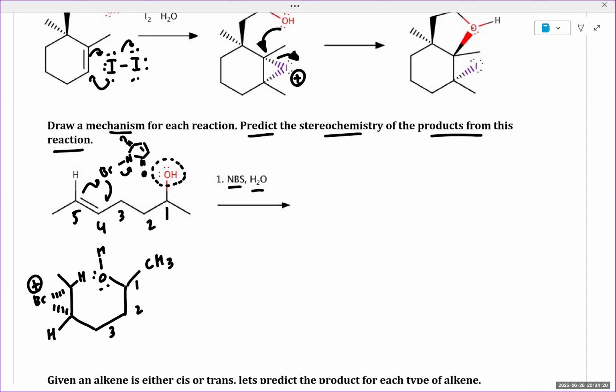From here, the alcohol is going to open up the halonium ion. And in this case, we have a choice between the two positions because they're both secondary. If you have a choice between forming a 5 or 6-membered ring, you'll get a mixture, but generally 5-membered rings are slightly preferred, but we'll draw the 6-membered ring route.